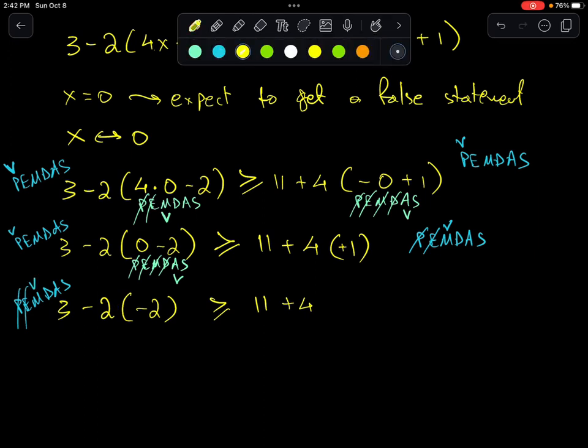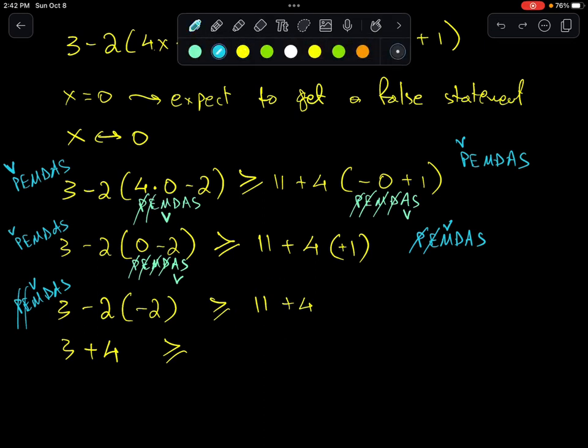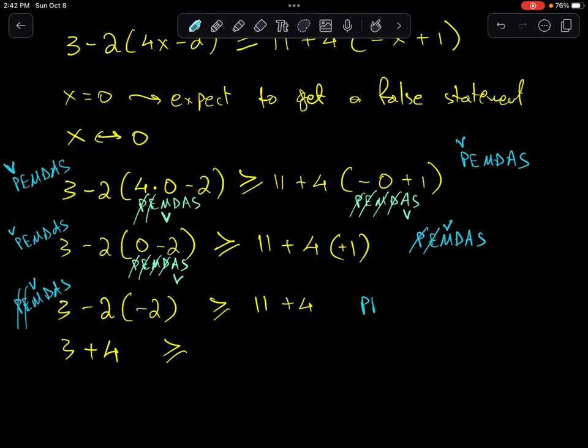Anything else that's not this multiplication drops, and in particular 3 will drop. Now I have negative 2 times negative 2. Negative times a negative is a positive. 2 times 2 is 4. Symbols drop. Let's see what happens on the right. I need the PEMDAS for that.